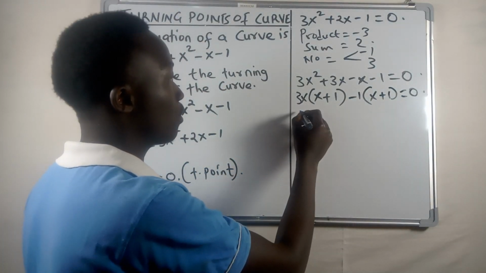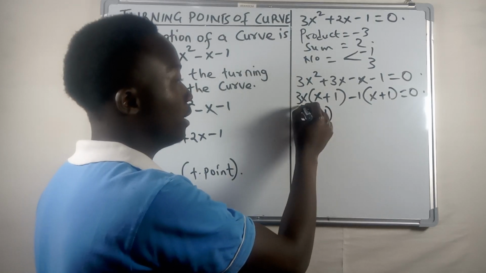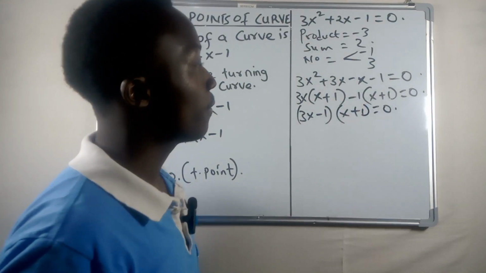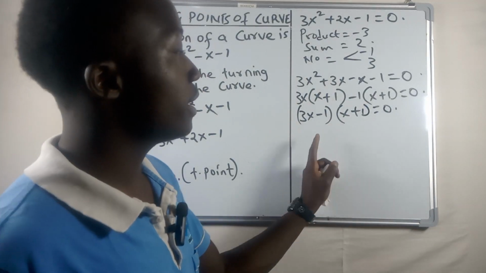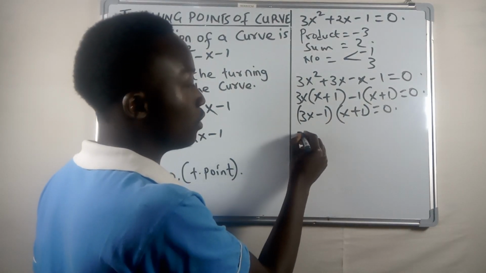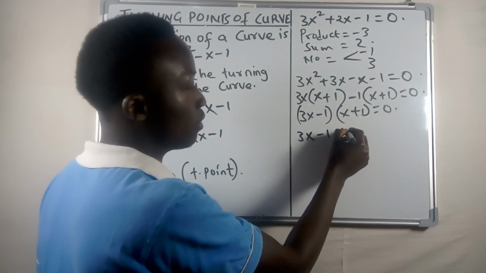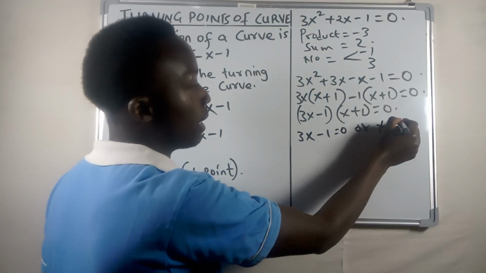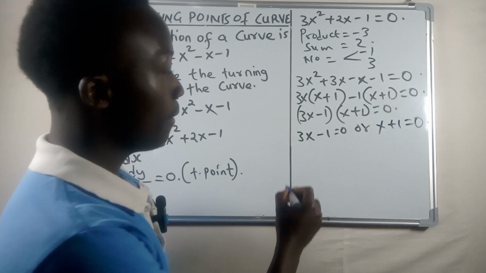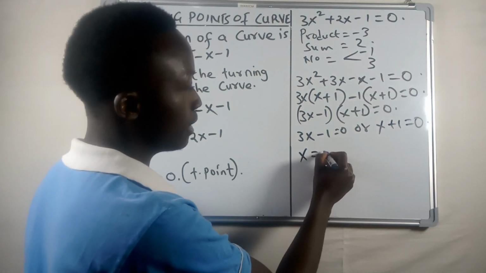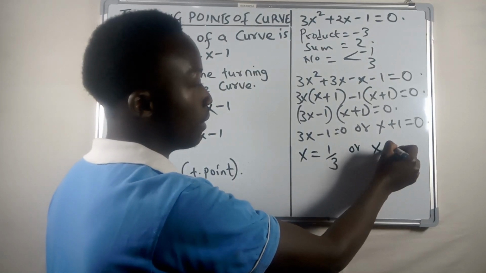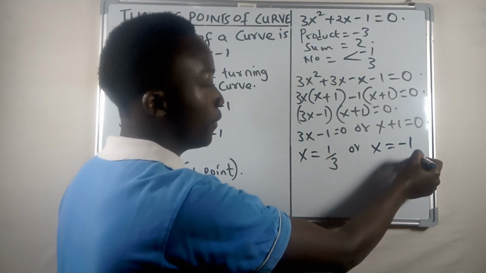Having that, we can conclude that (3x minus 1)(x plus 1) equals 0. This means either this one or this one is equal to 0. So we have 3x minus 1 equals 0, or x plus 1 equals 0. When we determine x here, we get x equals 1 over 3, or a third, or x equals negative 1.